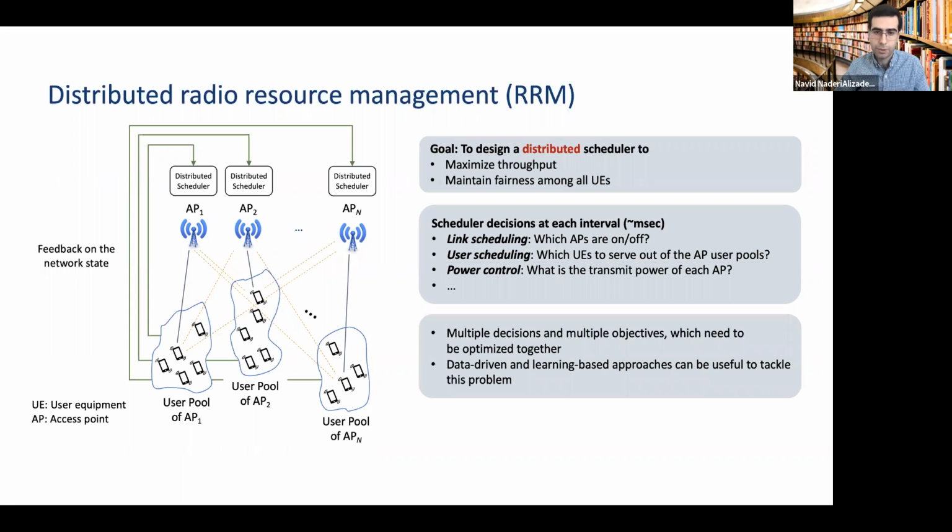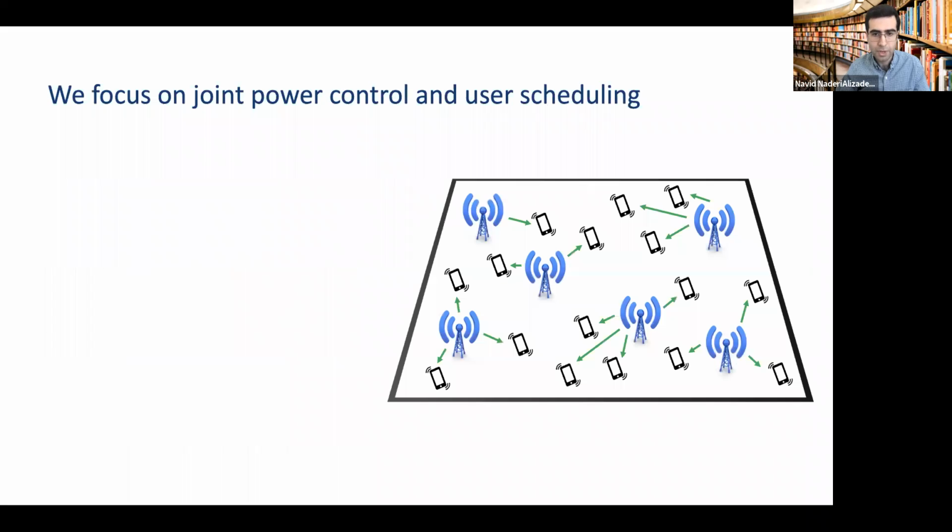And as you can see, we have multiple objectives and multiple decisions that we need to make dynamically at each millisecond. And therefore, approaches based on machine learning can be useful here. And that's exactly why we first thought of using reinforcement learning to address this problem. So in this part, I'm going to specifically focus on joint power control and user scheduling.